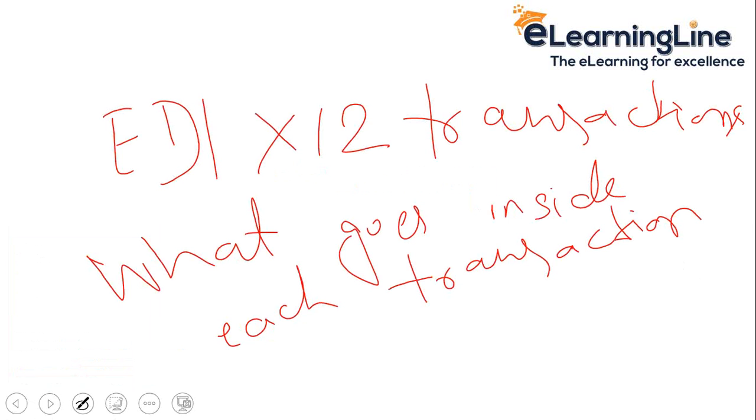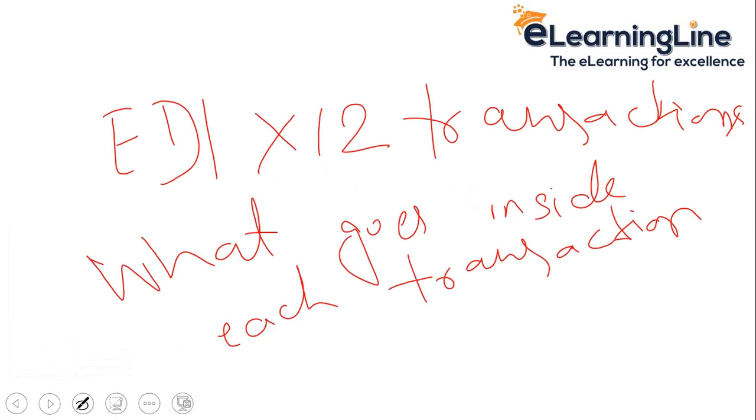Being said that, in a simple way, electronic data interchange X12 is the data format based on the ASC X12 standard. Now the question is, what exactly is the ASC X12 standard all about?